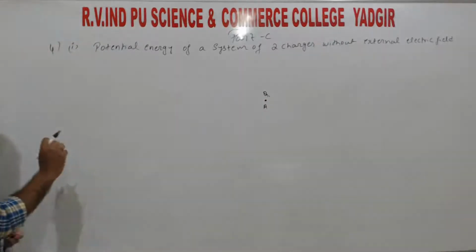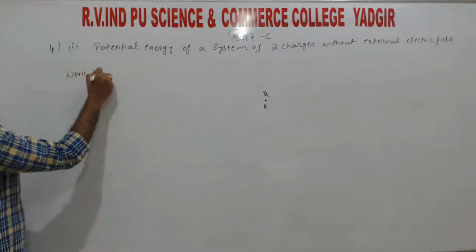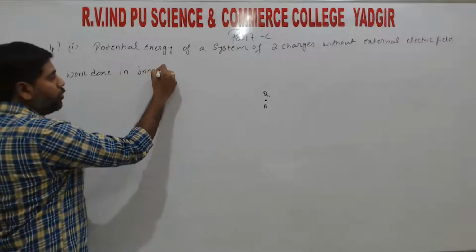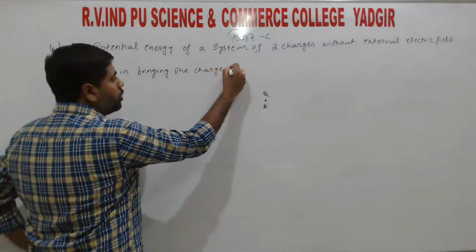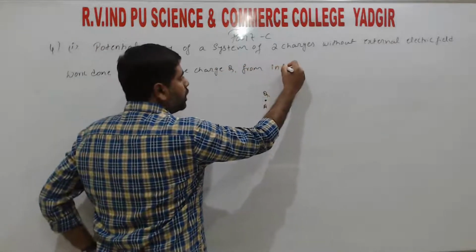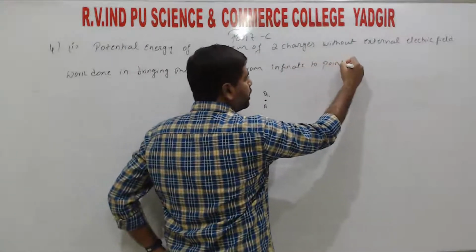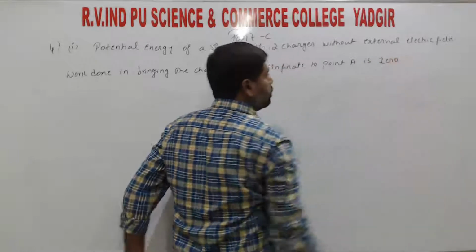So first we need to write the statement: work done in bringing the charge Q1 from infinity to point A is 0.